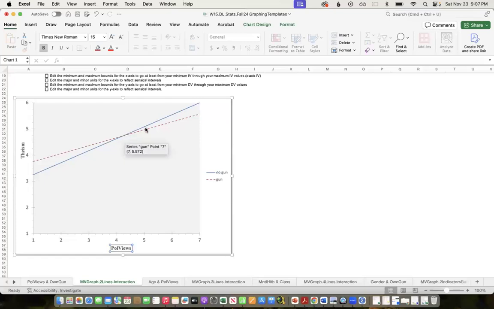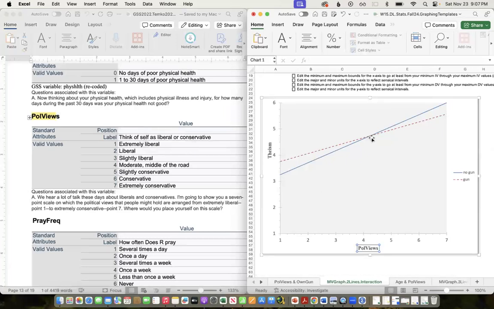And then as you are more conservative, let me just confirm, yep. As you are in the more conservative areas, we can see that actually folks without a gun are predicted to be more theistic than folks with a gun. Okay, so you can see again that those with a gun are starting a little more theistic, and as they get more conservative, they're becoming more theistic, but at a lower rate of increase compared to folks without a gun who start out a little bit lower.